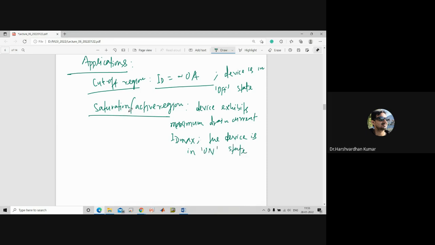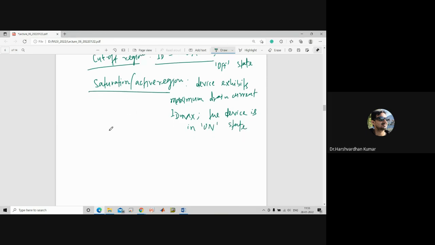So what you can observe, therefore, is that the MOSFET or MOS transistor can act as a switch. Why will it act as a switch?